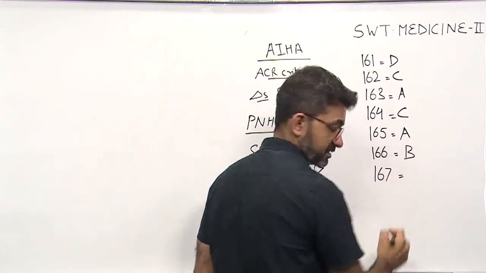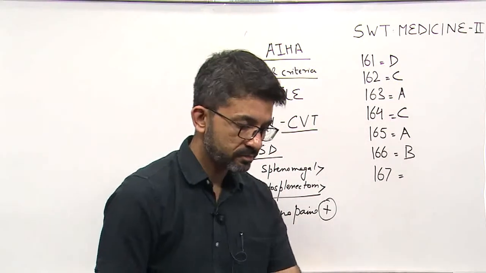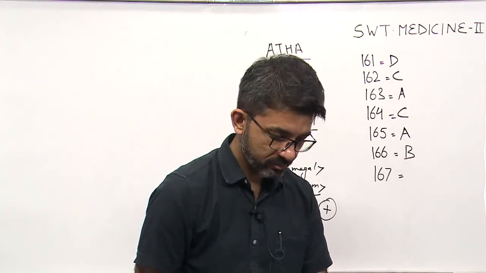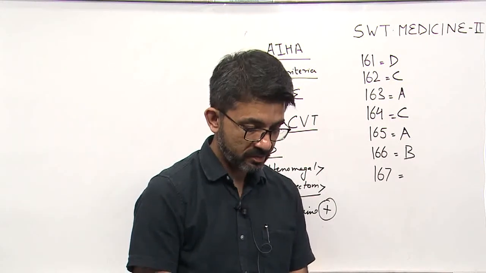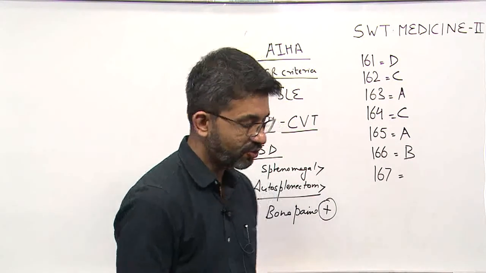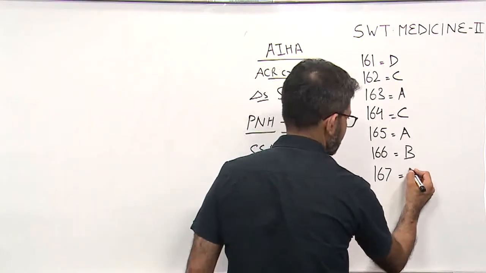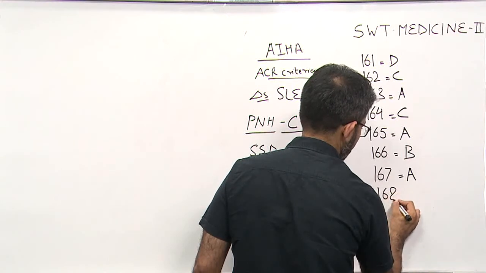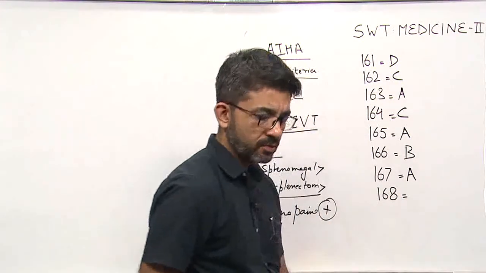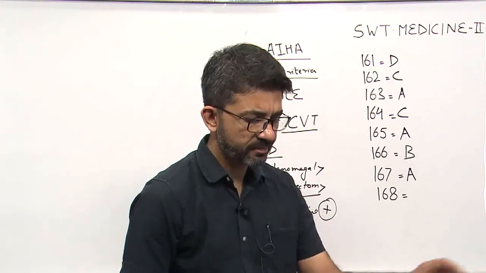Question number 167. Beta thalassemia, the mutation is intron 1, you have to remember it as such, intron 1. Question number 168.